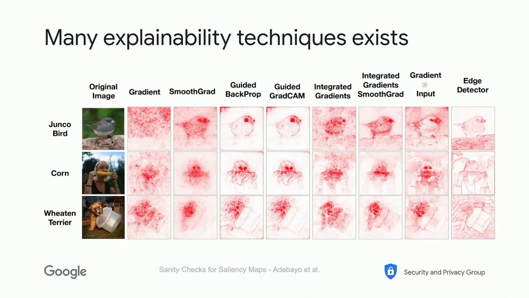Okay, so how do we get there? The first thing we had to choose is what type of explanatory technique we should use. We need some explanation, and there's a ton of them. Here are some of them which were developed, and you can see you get more or less a defined image or a defined output.